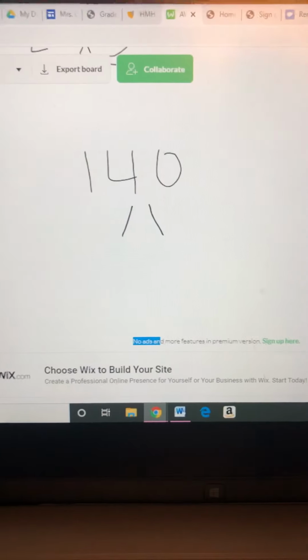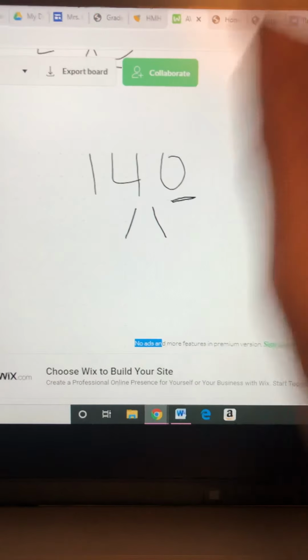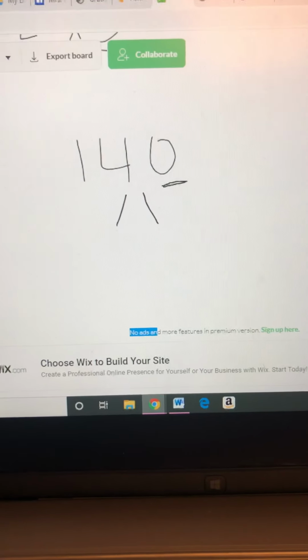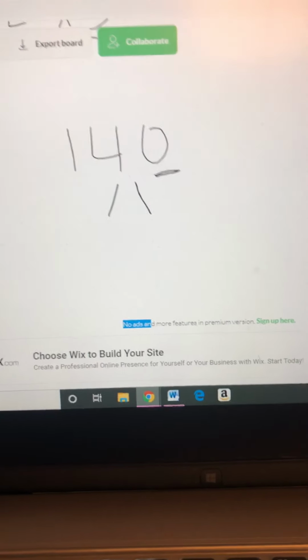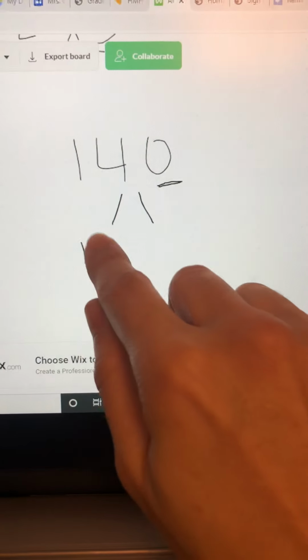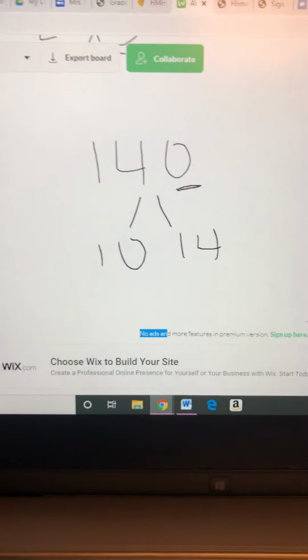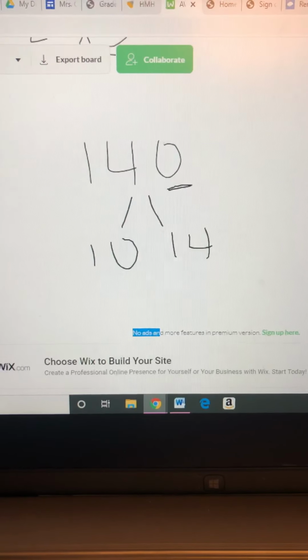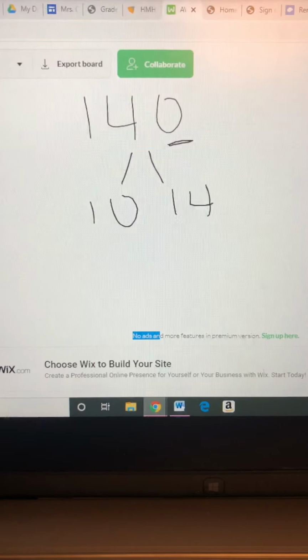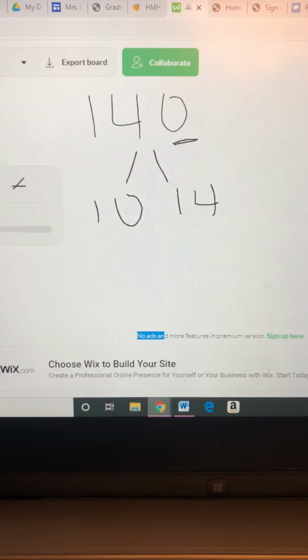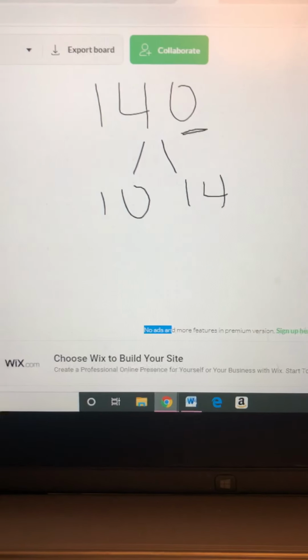Now my advice to you is, since this ends in a 0, think of a factor that includes 0, such as 10. So we can do 10 times 14. Why? Because we're going to finish faster, as opposed to doing 2 times 70. Well, maybe you could do 2 times 70, but regardless, I chose 10 times 14, okay?